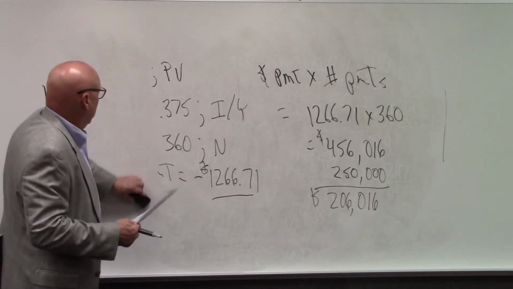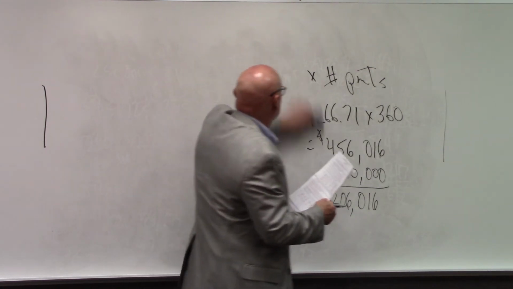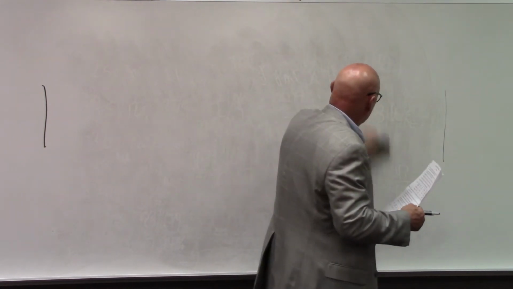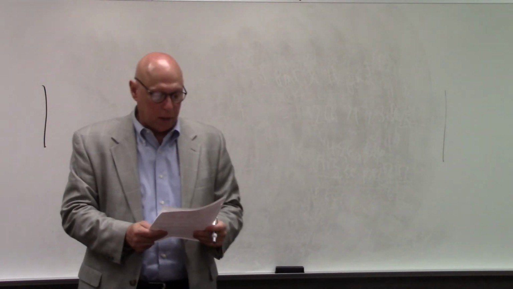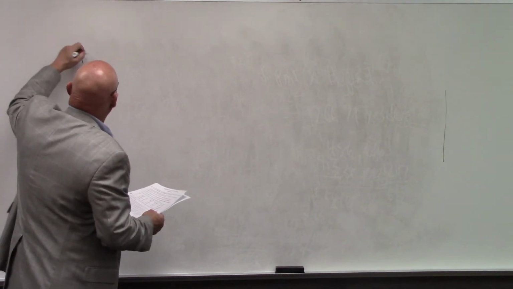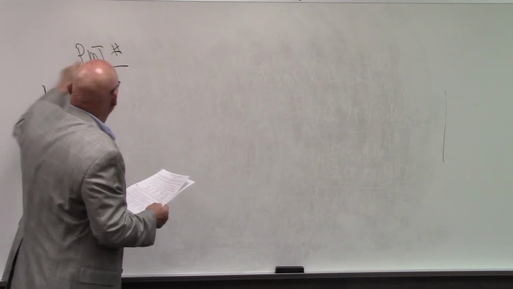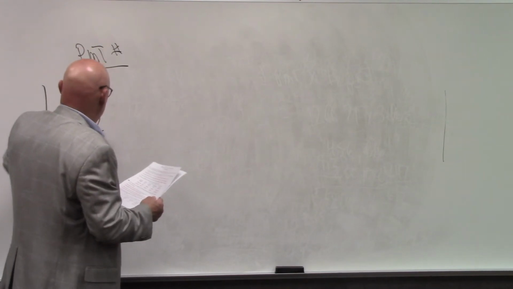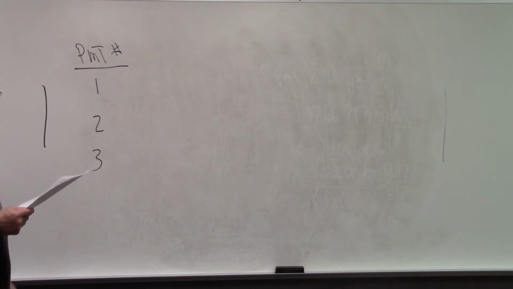All right. Let's go to an amortization table, question number 5. Let's set up our amortization table. Please set your table up like I set my table up. So we have the payment number 1, 2, and 3. So we're going to amortize the first 3 months.